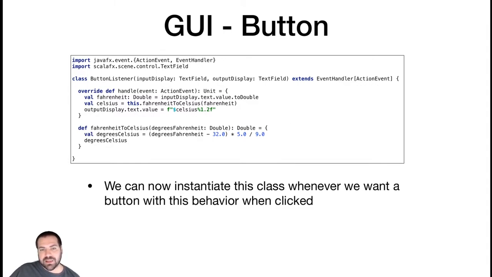Was it a right click? Was it a left click? We're not concerned with that. But we do want to know this button was clicked. Let's pull the degrees Fahrenheit, convert them to Celsius, and then go to our output text field and set its value to that degree Celsius.